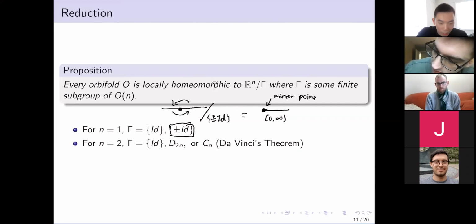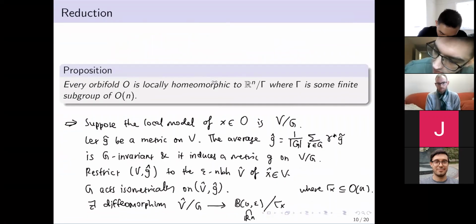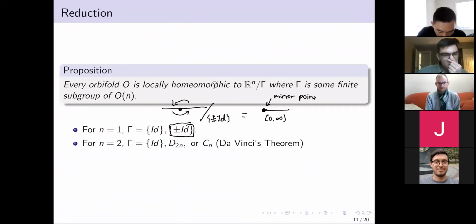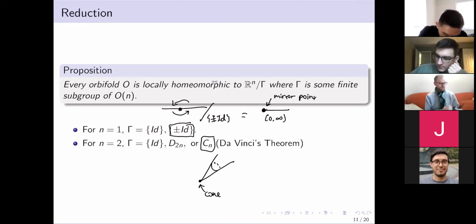And then when n equals 2, the only non-trivial cases are either the dihedral group or C_n. But yeah, C_n over here again generates the cone. So one possible singularity is the cone point.